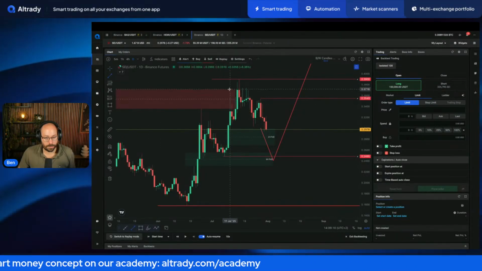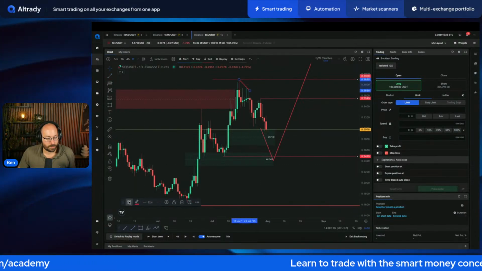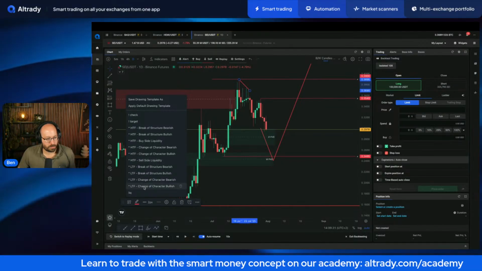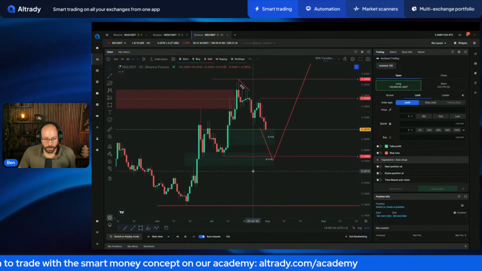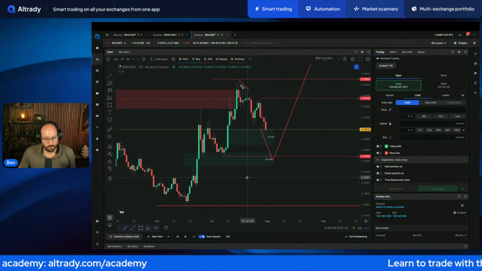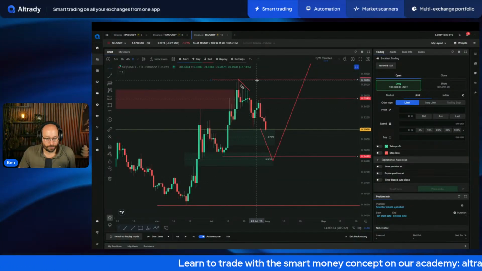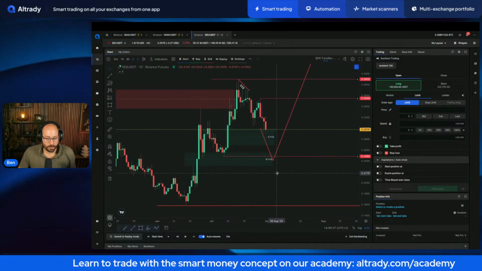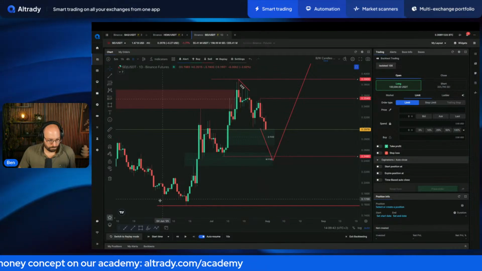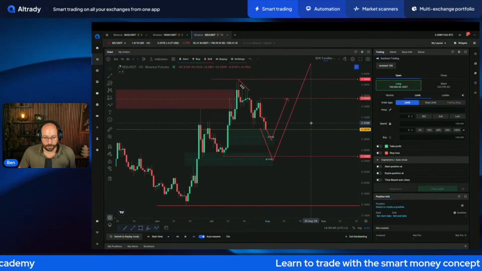Got some compression here. This move was pretty balanced, so that's good. It's not too much pressure from the sellers, so that's pretty good. The other option is that it doesn't go that far and goes there.